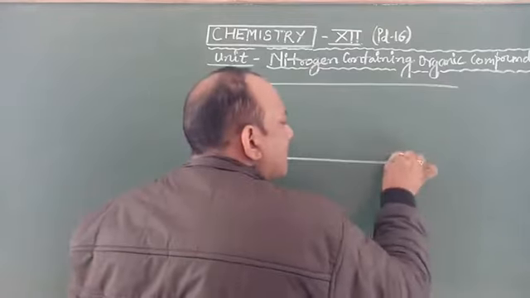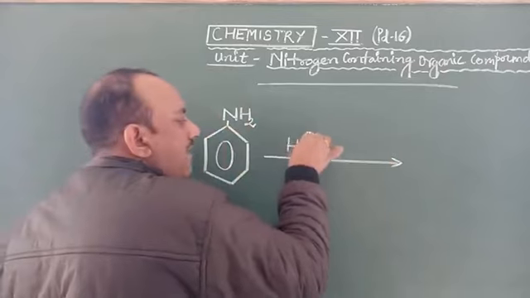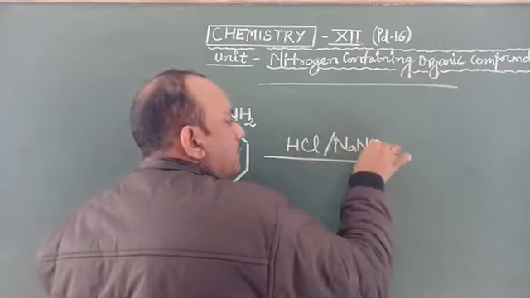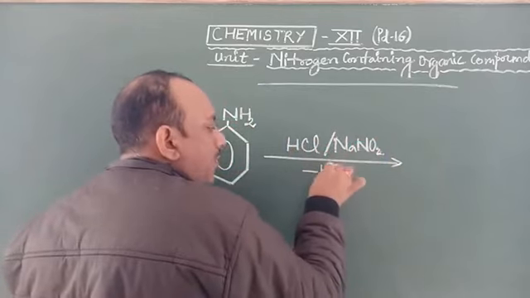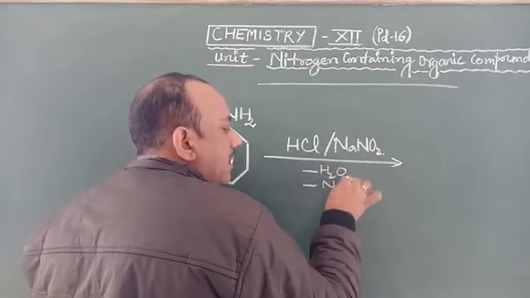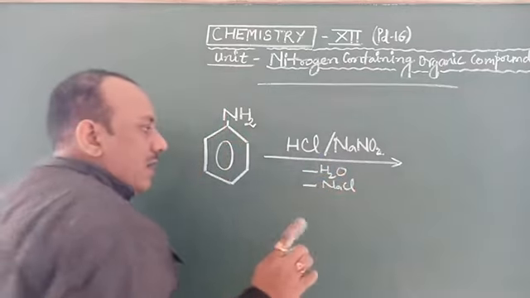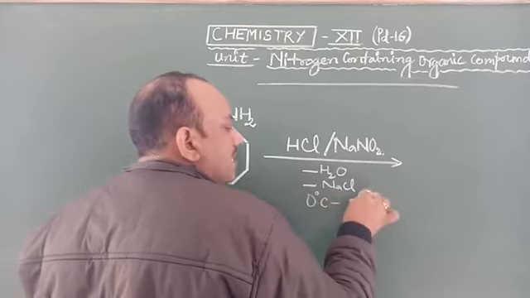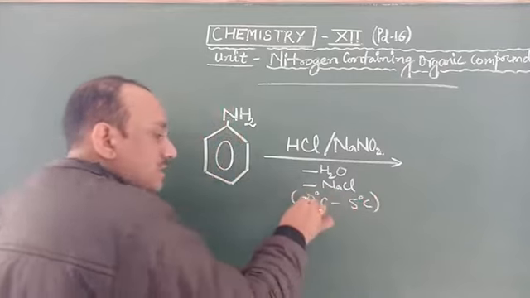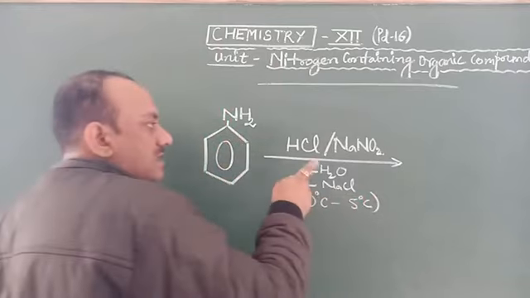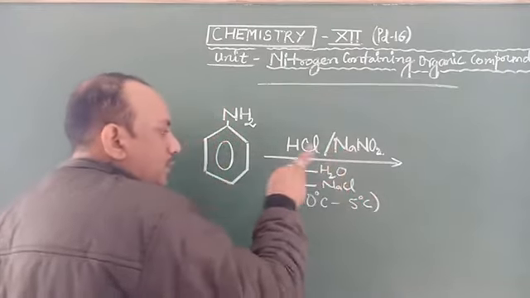It reacts in the presence of HCl and sodium nitrite NaNO2, giving a water molecule H2O and NaCl, at very low temperature, 0 degrees Celsius to 5 degrees Celsius. Also we take an ice frozen solution of NaCl, NaNO2 and HCl.